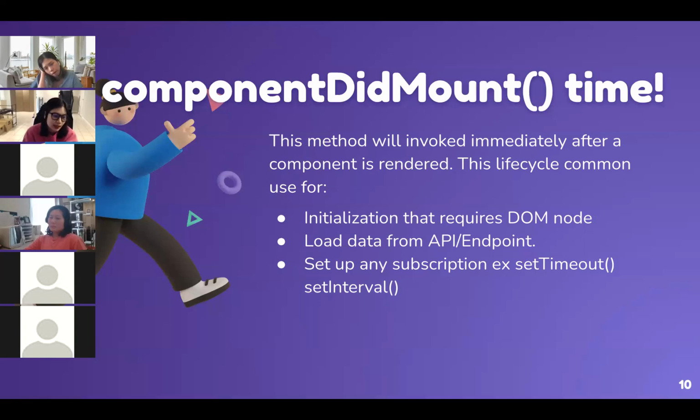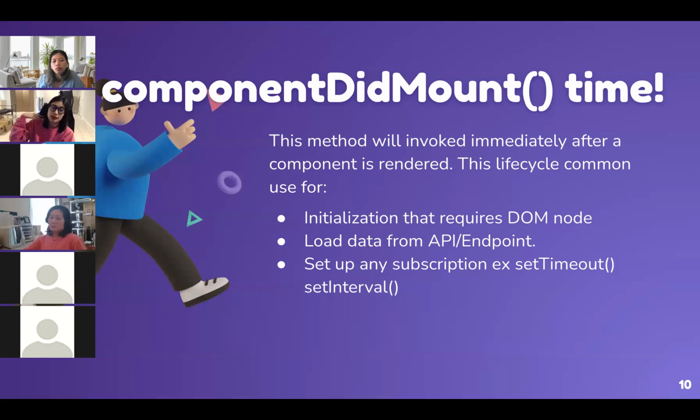Yeah, and I want to add something also about this. So componentDidMount and componentWillUnmount will only run once in the life cycle. componentDidUpdate can run more than once, because it runs every time it updates.